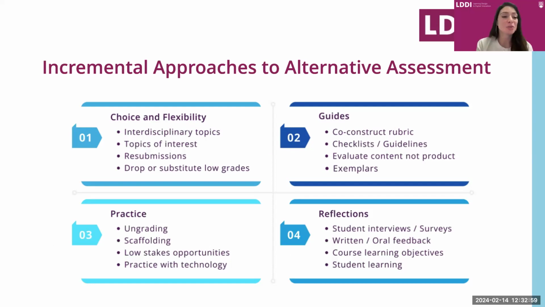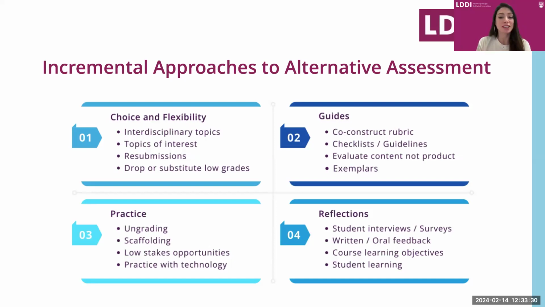And we'd like to start with choice and flexibility. So we might invite you to consider choosing activities and assignments that interweave interdisciplinary topics. And when possible, ask students to choose a topic of interest or a topic they're passionate about for the assignment or task, so that they're able to engage with the content in a more meaningful way and connect that course content to their lived experiences and professional contexts, as Gabrielle had mentioned earlier.